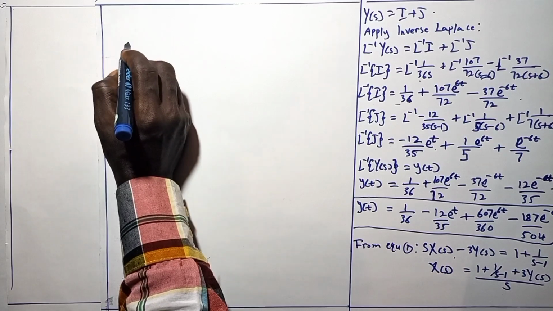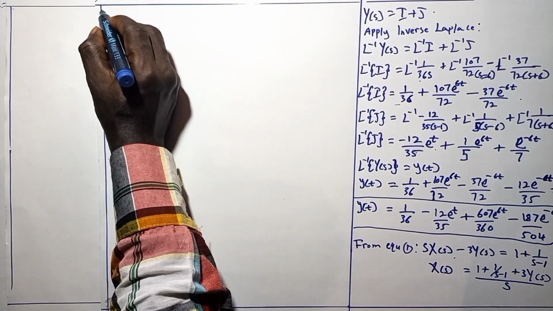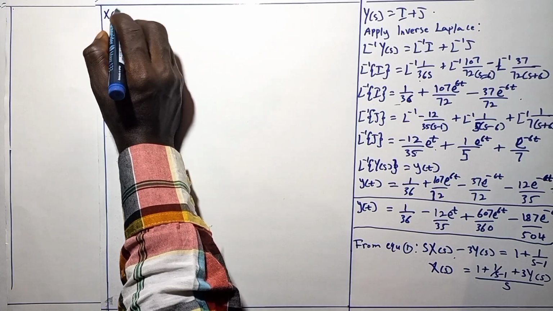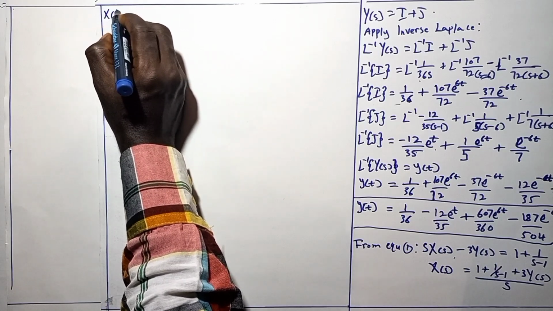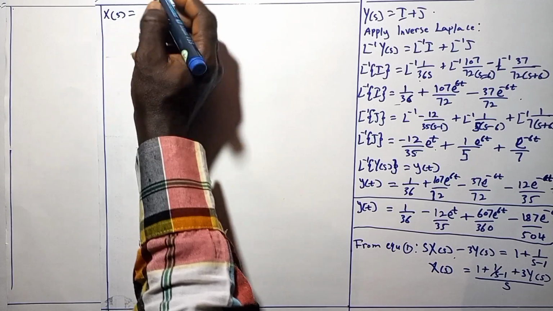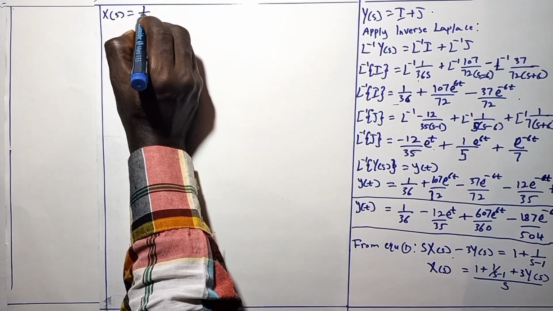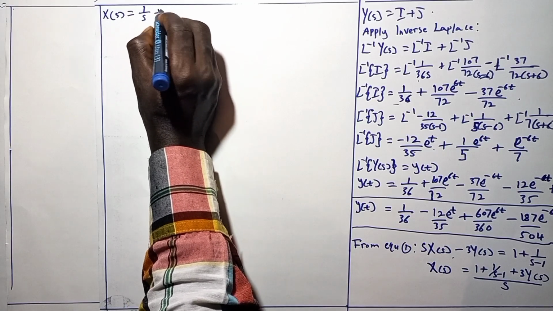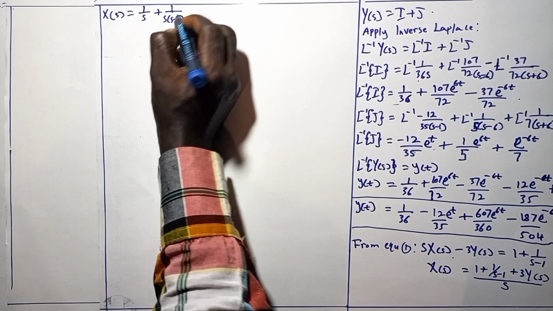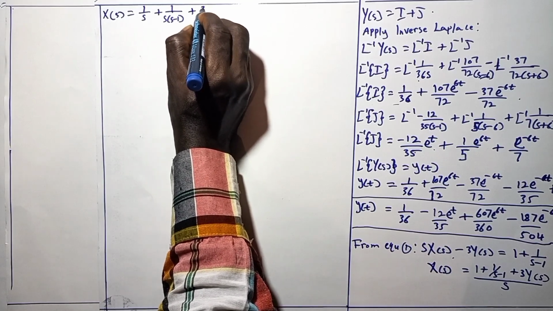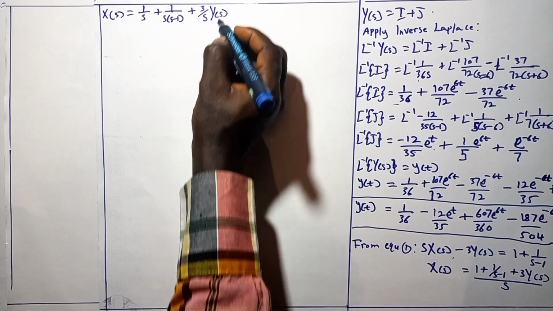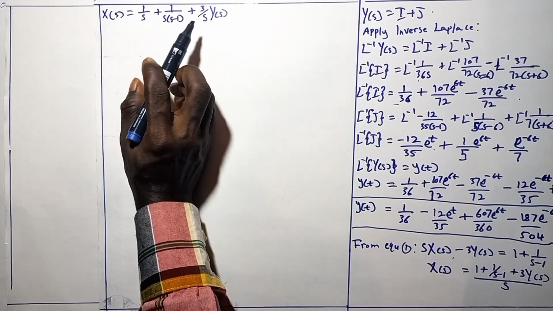So x of s, when you split that, we are left with 1 over s plus 1 over s minus 1 plus 3 over s y of s. So we are left with this now.